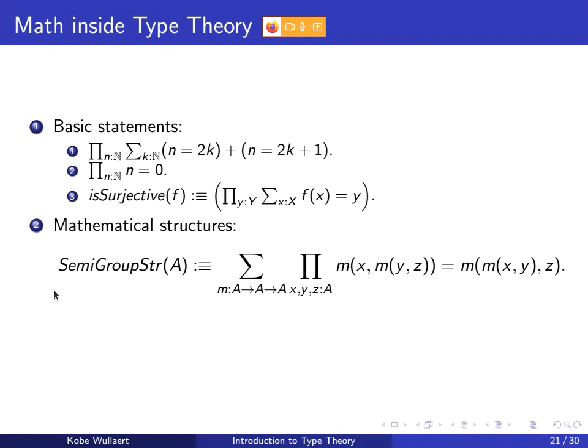So here you already see you have a basic mathematical statement, but also a mathematical structure. And as I said, the two layers of set theory and logic come together. With something like that, you can define the type of all semigroups, and this should then consist of not just a type or a set together with such a structure.